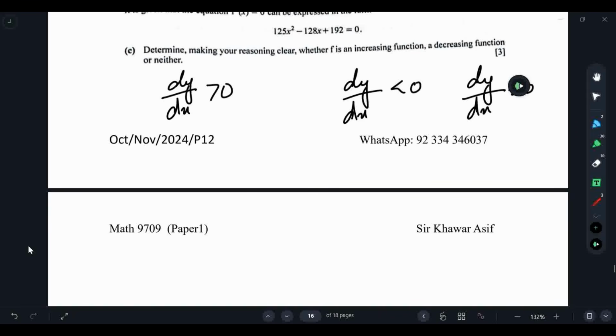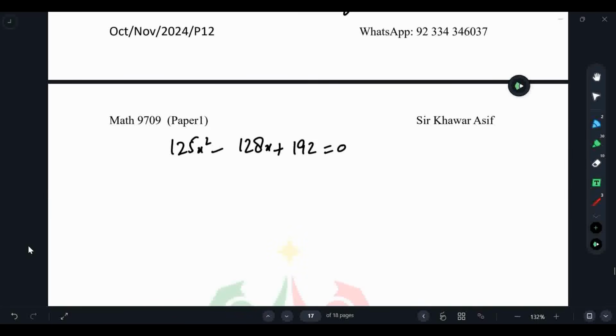Now it was given that 125x square minus 128x plus 192. Now this one represents f dash of x, or the first derivative.